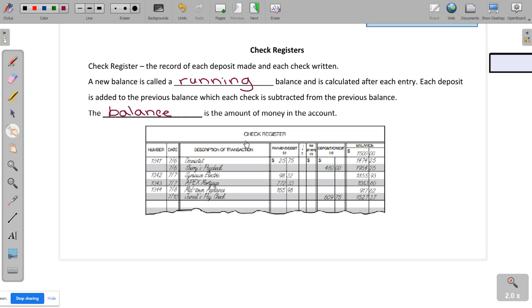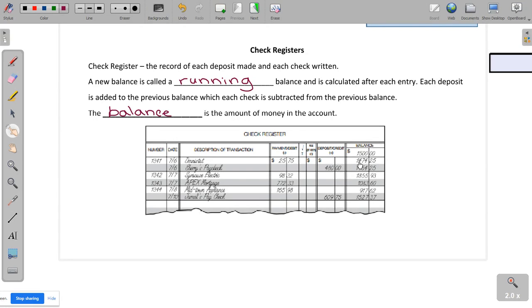So here, this is a check register. You have your check number, the date, and then the description. Then you're going to have the payment, if you're paying the check, or a deposit if you're depositing a check. And then you're going to either subtract out the payment from your balance or add in your deposit.